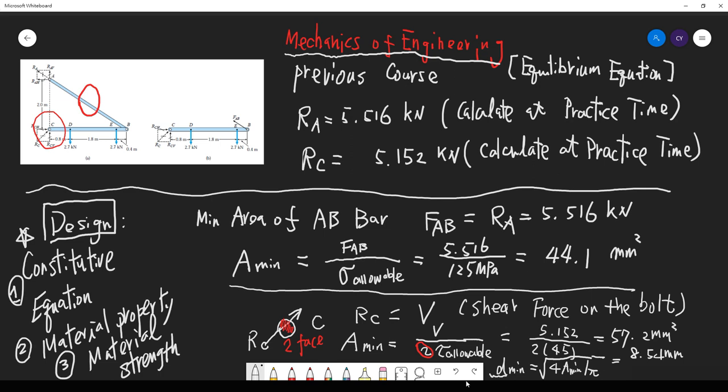So we can get the solution of the minimum diameter of the bolt. Okay, we finish.